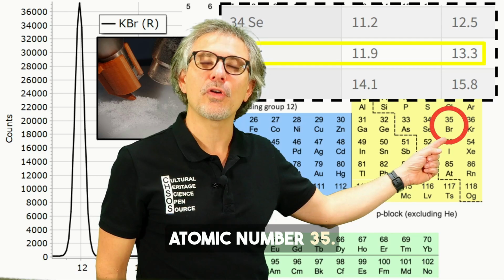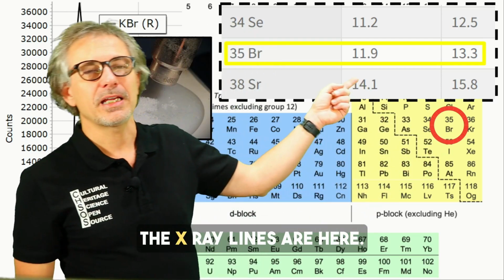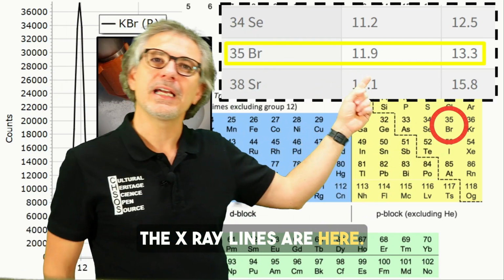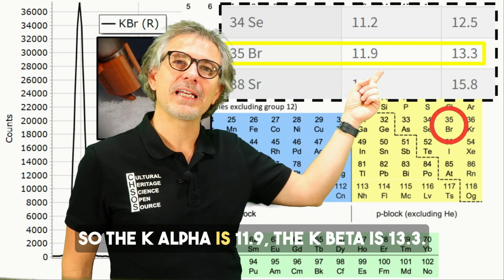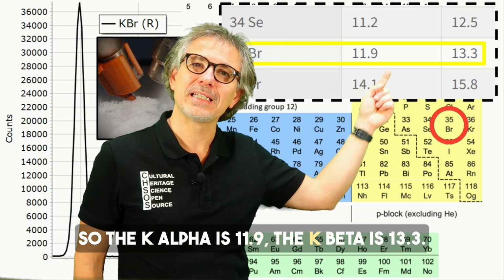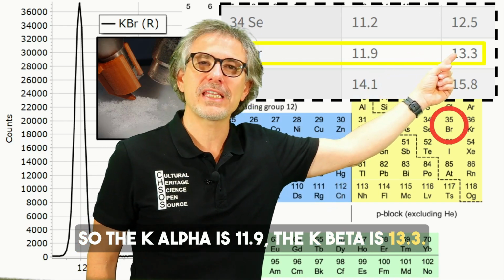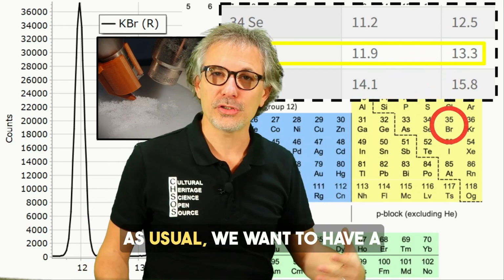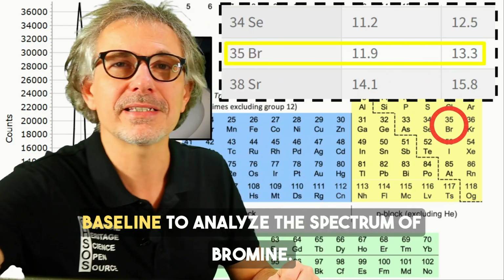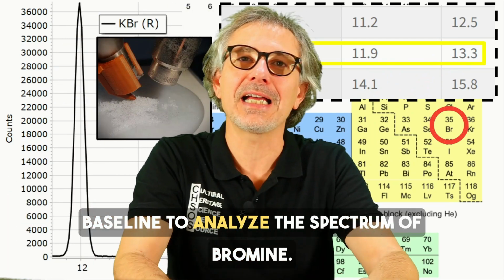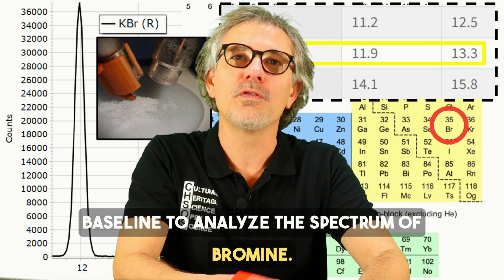Atomic number 35. The X-ray lines are here, so the K alpha is 11.9, the K beta is 13.3. As usual, we want to have a baseline to analyze the spectrum of bromine.